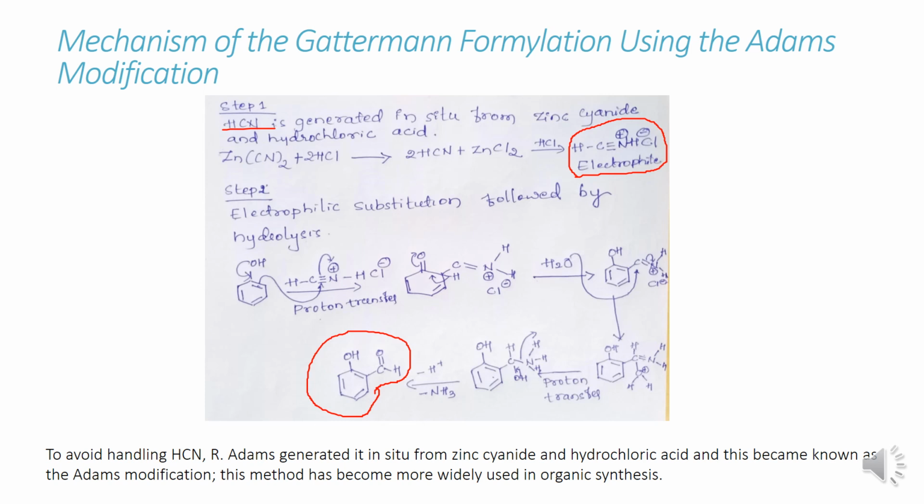By treating this HCN with zinc chloride, which is the Lewis acid here, complexation of this HCN with zinc chloride takes place. So this will make an electrophile generation, and this electrophile substitutes in the ortho position of phenol in the second stage.